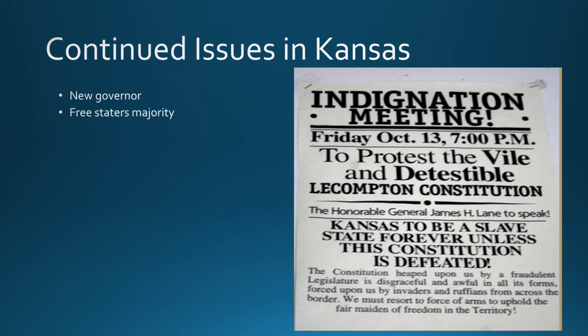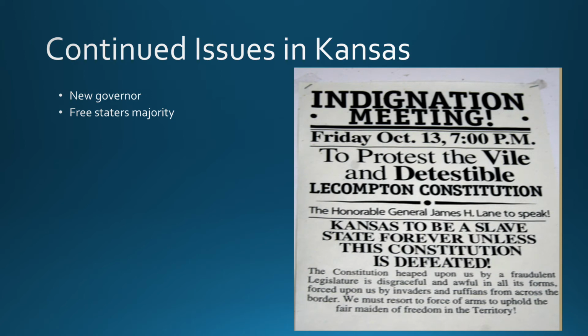At this point, the Free Staters make up a majority of the people living in the state. So if they decide to have an election, a legitimate one this time, then it's going to be okay. Slavery is not going to be put in Kansas.